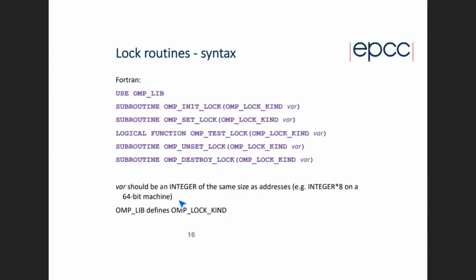If you're old-fashioned Fortran, then locks basically have to be integers, basically 64-bit integers. But we're not using old-fashioned Fortran, so omp_lib defines a data type for these called omp_lock_kind, which you can use to declare the lock variables.